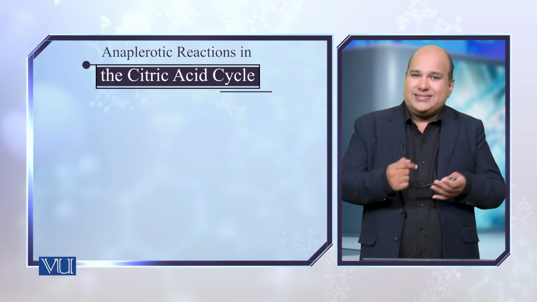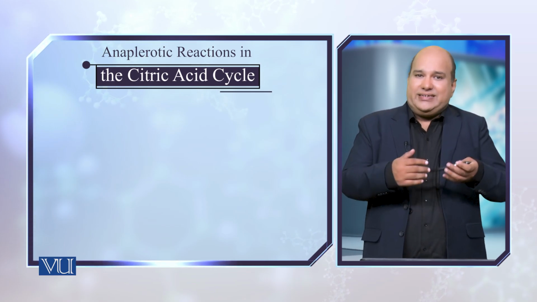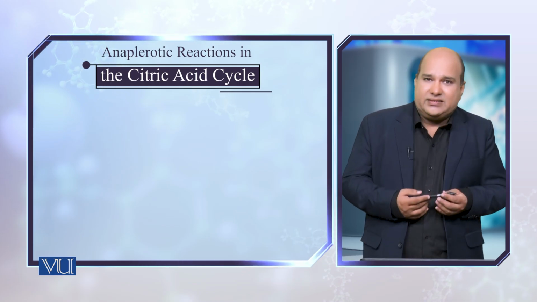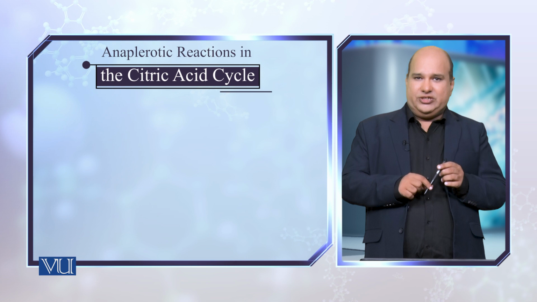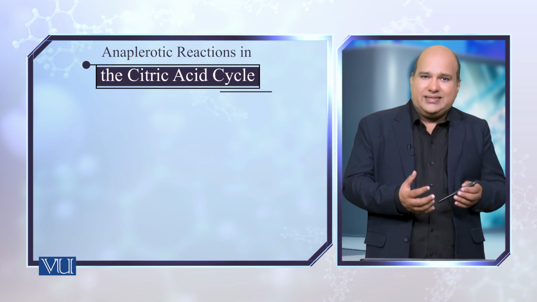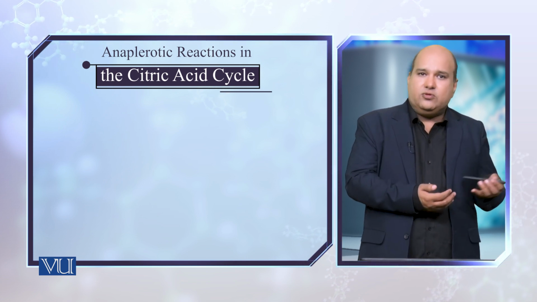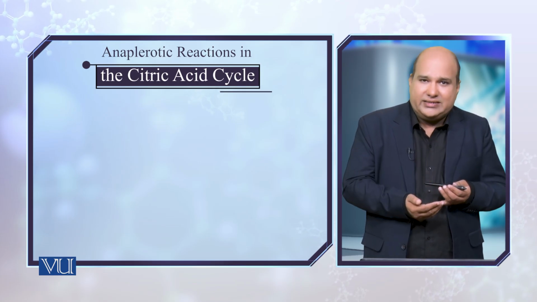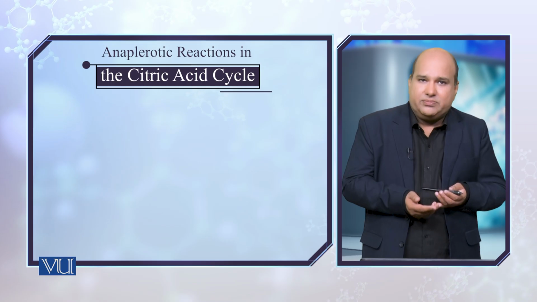there is always a possibility, a danger that TCA itself can run short of its own intermediates. To replenish that shortage, the TCA then borrows different molecules from other pathways also, from the nucleotides breakdown, from amino acid breakdown.